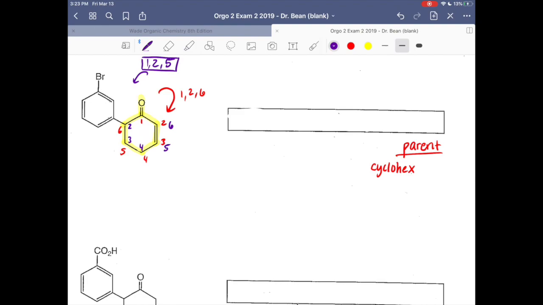The only time you would resort to alphabetical order is if both ways you got the same numbering. If you got 1, 2, 5 and 1, 2, 5. Here, we can already establish this is the lowest number. We're going to number it the purple route, okay? So let's erase all the red.